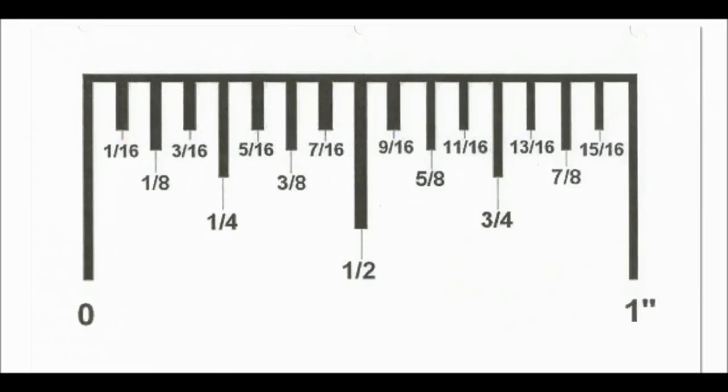Here you'll notice the shorter lines are your 16ths. Within a 1-inch space, those 16 lines are considered either as 16ths, eighths, fourths, or halves.